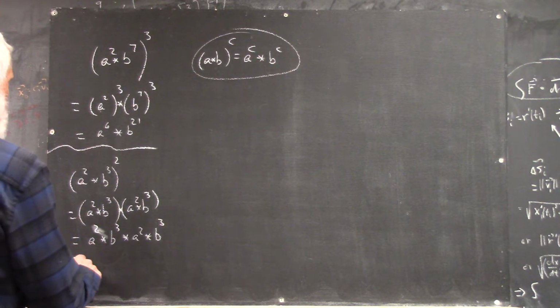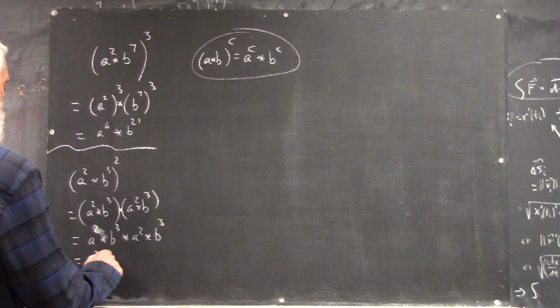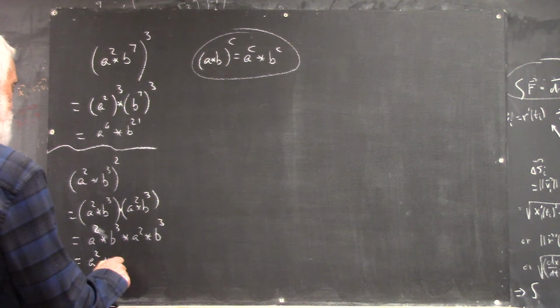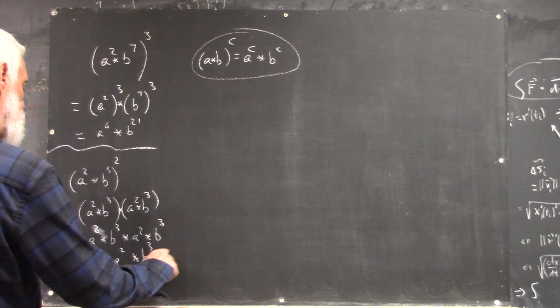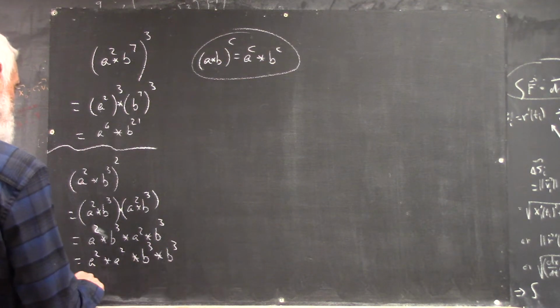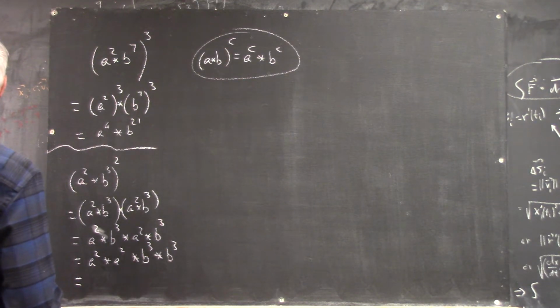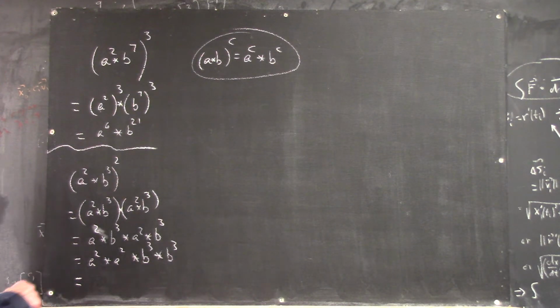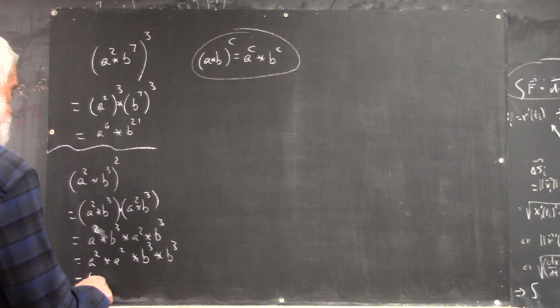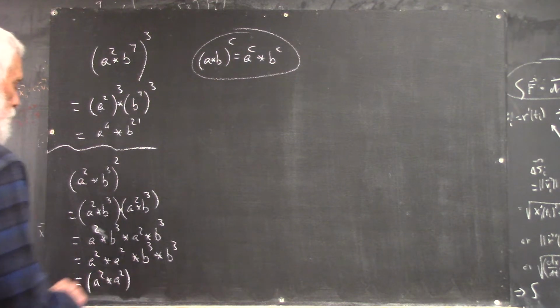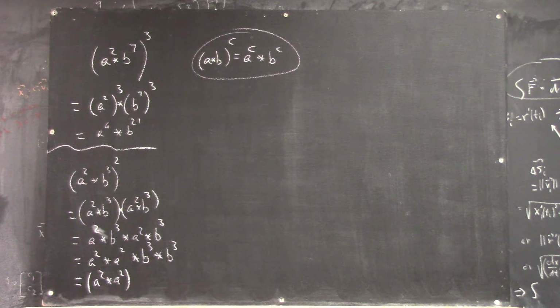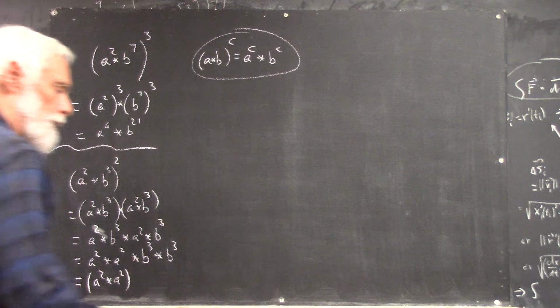So I could write this as a squared times a squared times b cubed times b cubed. So a squared times a squared, I didn't even want to write it that way.